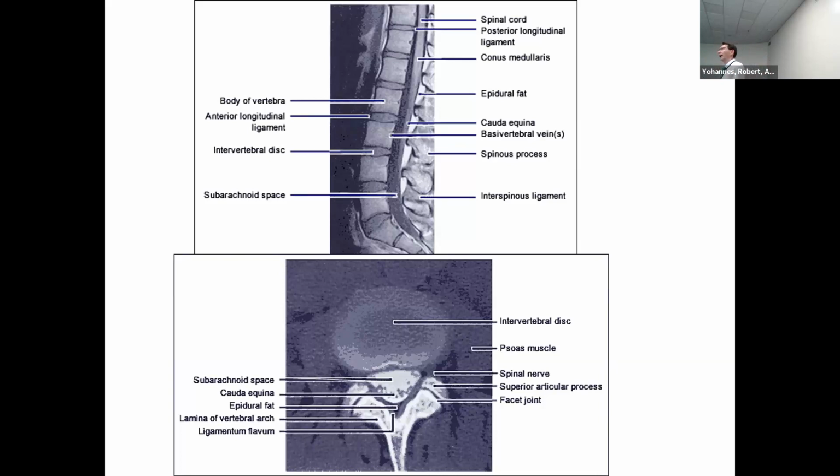And the only way for a disc to actually bulge in centrally to the canal, which would cause cord compression, is if we had a tear in the posterior longitudinal ligament, which could happen, but it's only in situations where there's a huge force, like a motor vehicle accident or huge trauma.